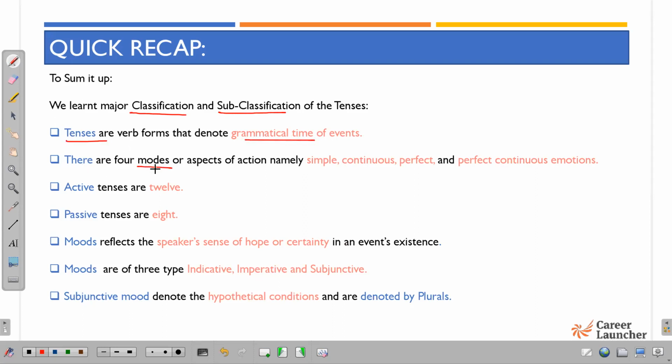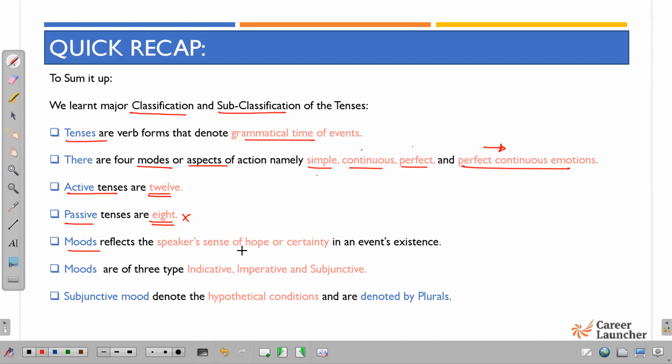There are 4 basic aspects or modes of action: simple, continuous, perfect, and perfect continuous, which denote indefinite actions, ongoing actions, completed actions, and continuing but interrupted towards completion or to completion. So active tenses are 12, passive tenses are 8. Perfect continuous tenses do not have passive, so just remember them.